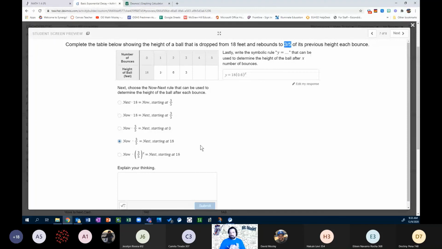We use those same two numbers in the now next rule. Now times the rate of change, in this case 3/5, starting at our start value or y-intercept, 18. Okay. Does that clarify? Or would you like to see a different example?